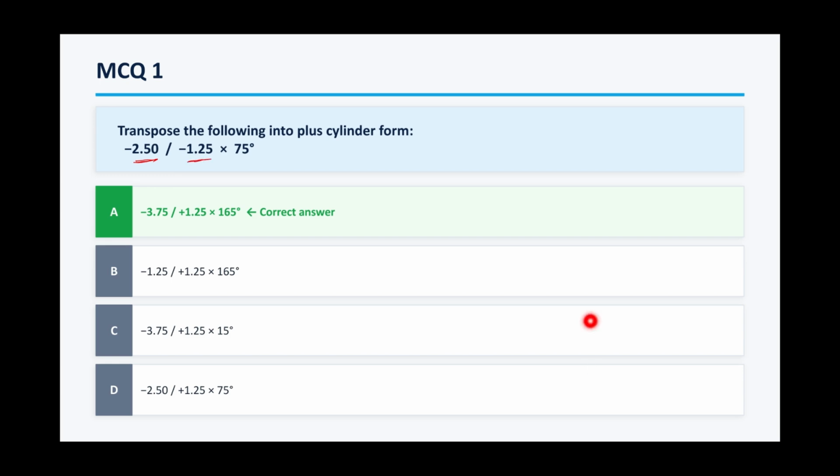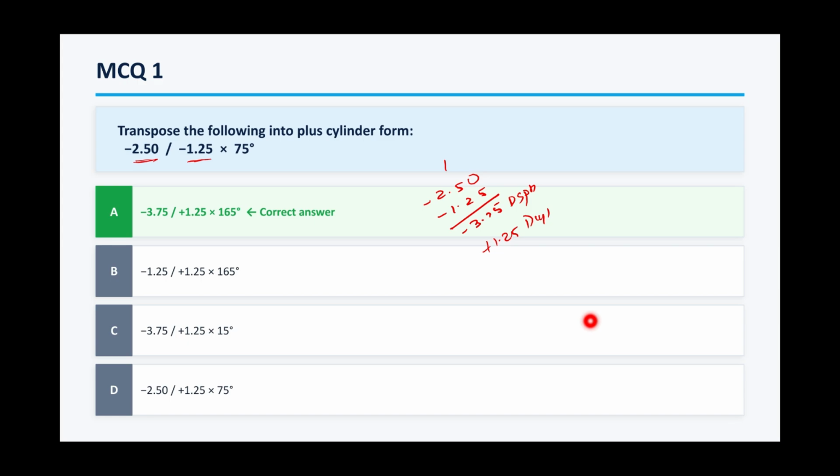So we are going to add them algebraically, which gives minus 2.5 minus 1.25, which will give minus 3.75 as the new sphere.